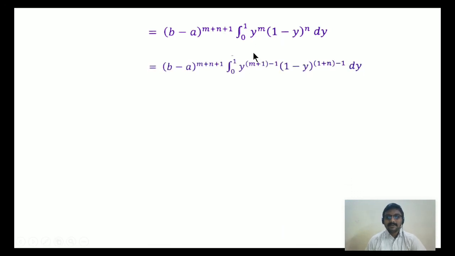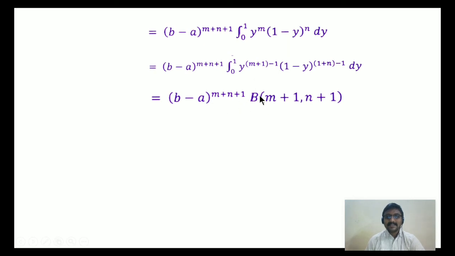So thus y power m can be written as y power m plus 1 minus 1, just adding 1 and subtracting 1, into (1 minus y) whole power n dy. So that is (b minus a) whole power m plus n plus 1.